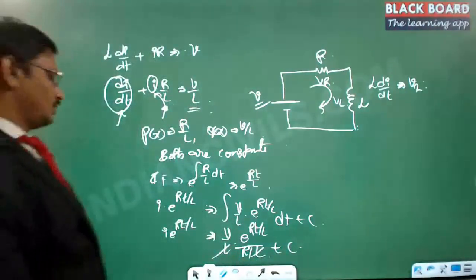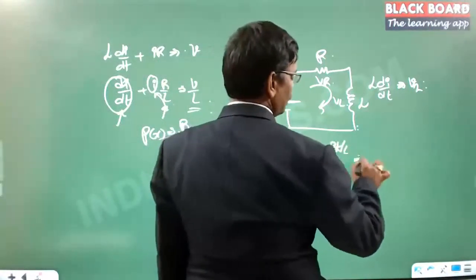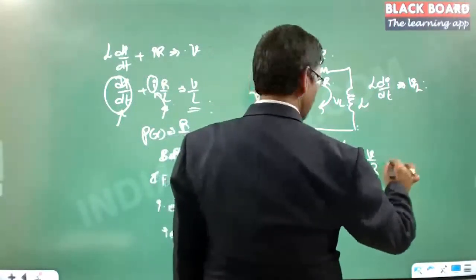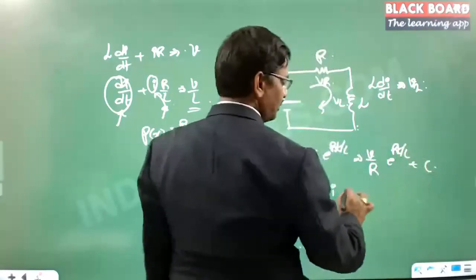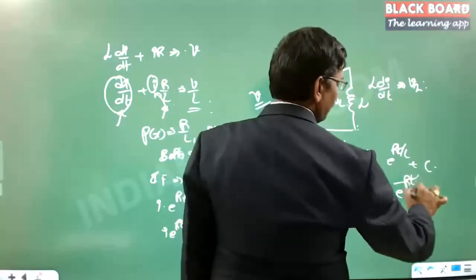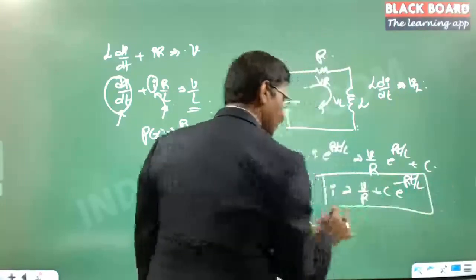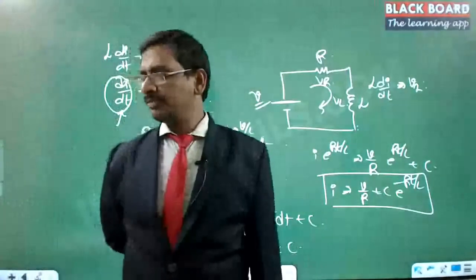So finally we got the solution: I e power Rt by L equals V by R times e power Rt by L plus C, or I equals V by R plus C e power minus Rt by L. This is the solution we get when we solve this differential equation. Got it?